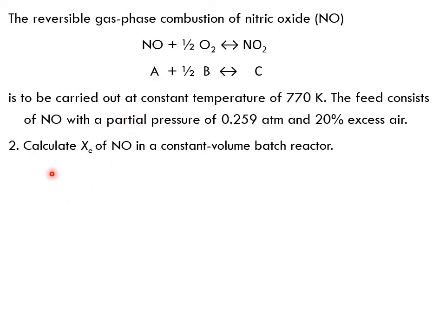So the question is, where are we going to find Xe from? Well, Xe is related to thermodynamics because it's an equilibrium conversion, and equilibrium conversion is related to the equilibrium constant K, right?